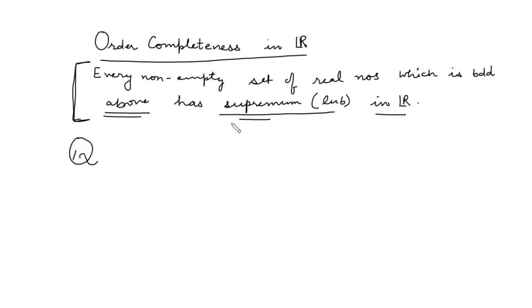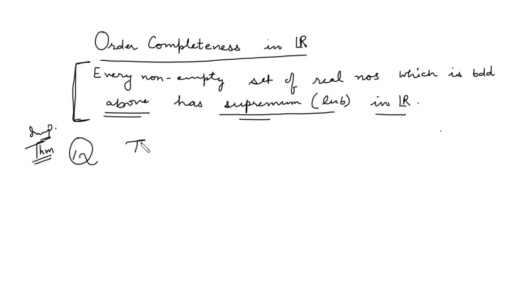In R it will exist, but in the set of rational numbers it is not necessary. And we have done this case: there is no rational number whose square is 2. So you can consider a set where the squares are less than 2. So we can prove this. This is a very important result.